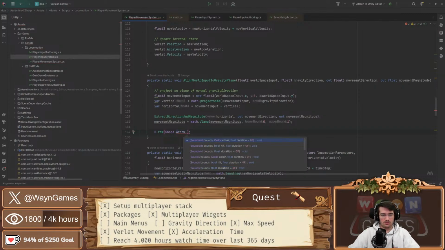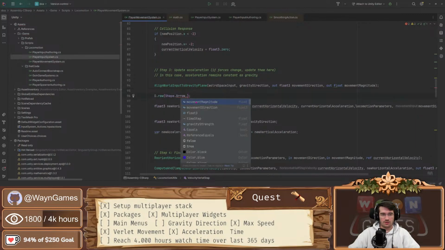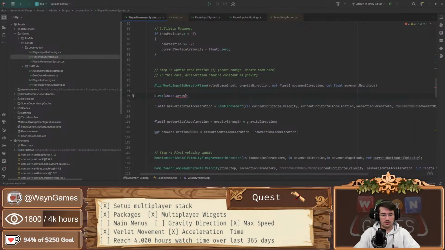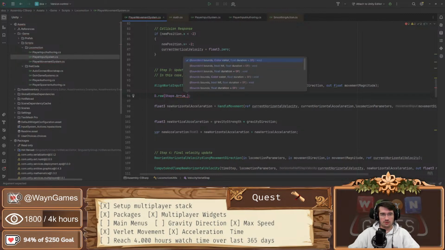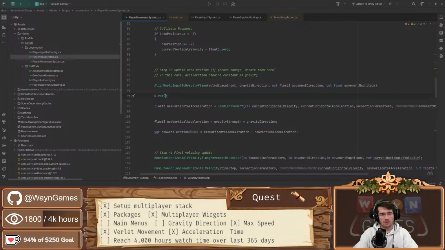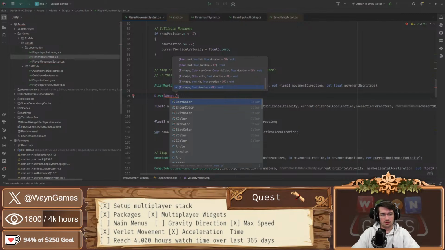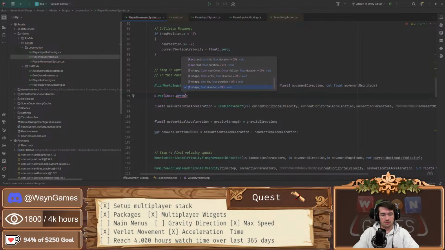Let's draw an arrow that starts... I don't have my position here, so I will do it from outside this call. Let's draw, so an arrow. Start again. Draw shape arrow.